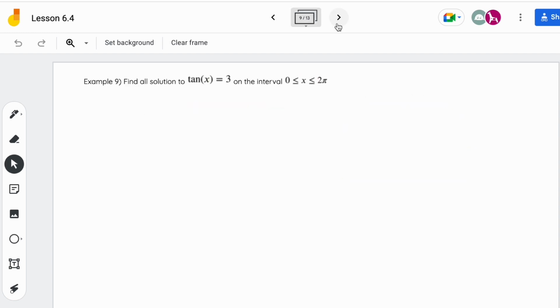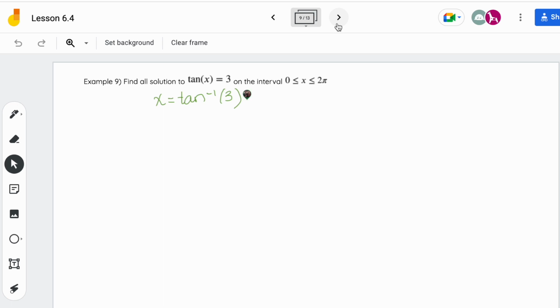Example 9, here we're wanting to find all of our solutions between 0 and 2 pi. So recall that tangent only has one solution per cycle, and its cycle is within pi. So if I'm looking for x, I need to find the inverse of tangent of 3.